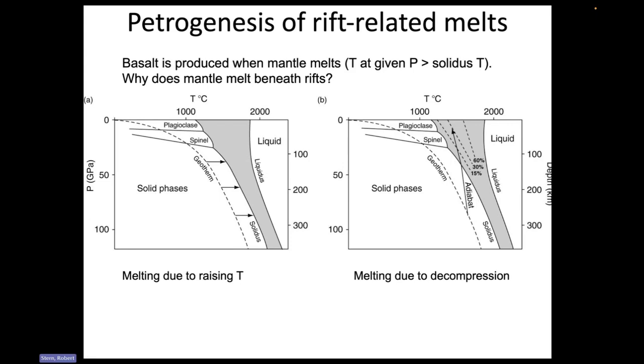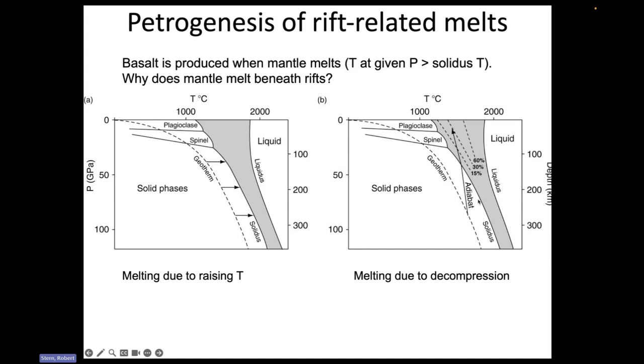So anything below the solidus is going to be completely solid. Anything above the solidus will be slightly melted. The liquidus over here is the region to the right where everything is melted. So if you can imagine the magma ocean for the Earth was basically at a temperature higher than the liquidus of the silicate minerals.